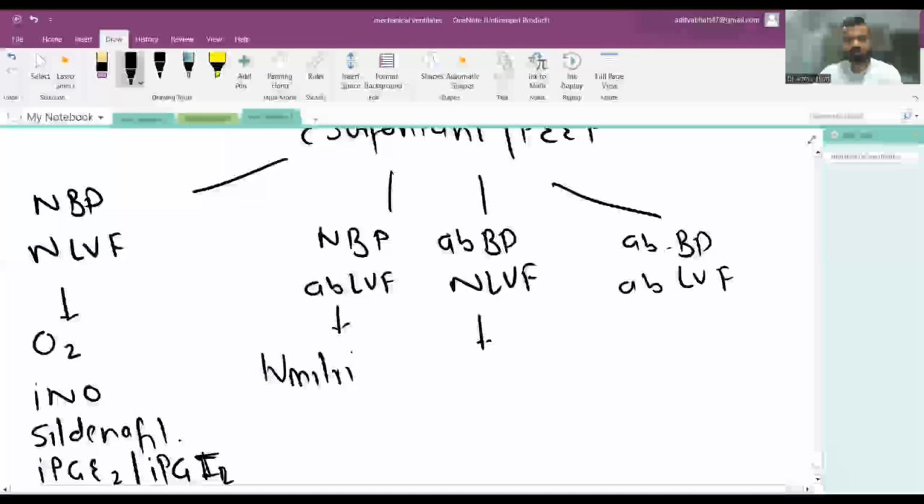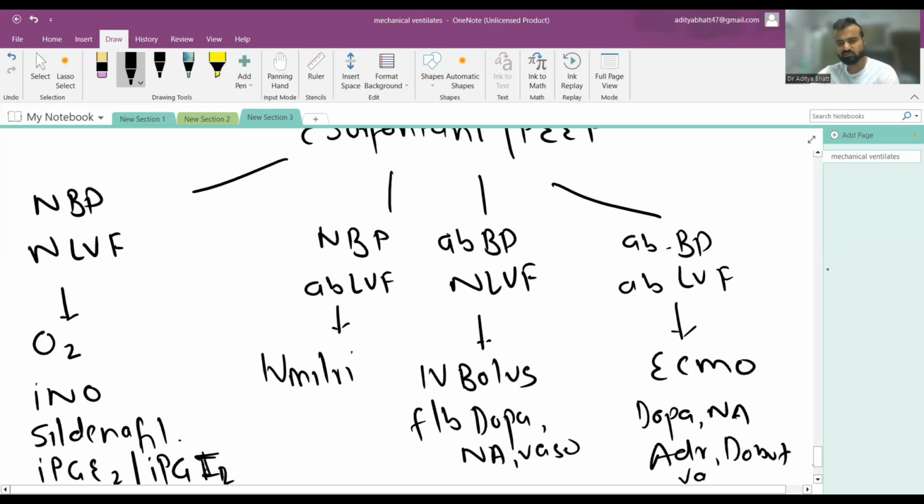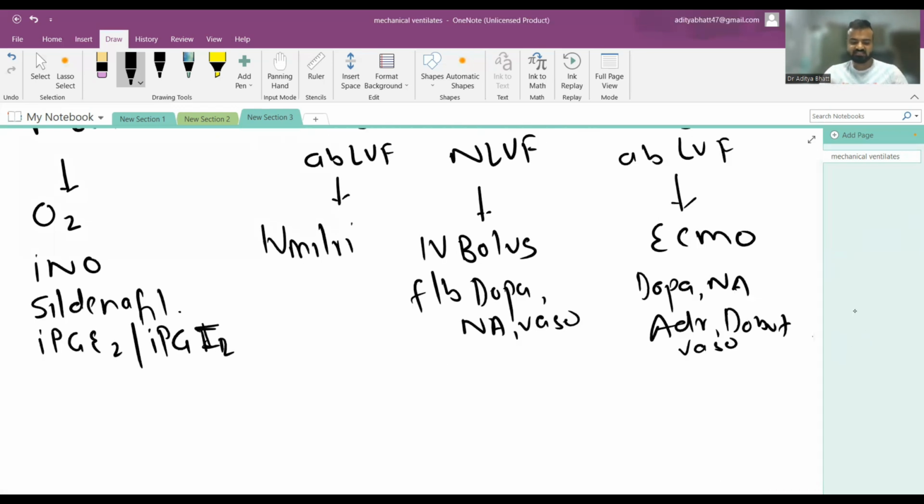In abnormal BP with normal LV function, you give a fluid bolus, followed by dopamine, noradrenaline, or vasopressin. And in abnormal BP with abnormal function and rapid deterioration, first give ECMO. If it is not available, then you give dopamine, noradrenaline, adrenaline, dobutamine, vasopressin. You can also give hydrocortisone. All this can be given, and this is the summary of the treatment of PPHN, and this is how you manage a patient with PPHN.